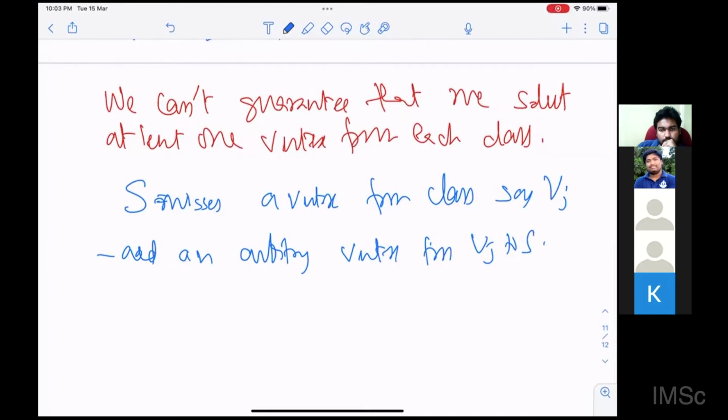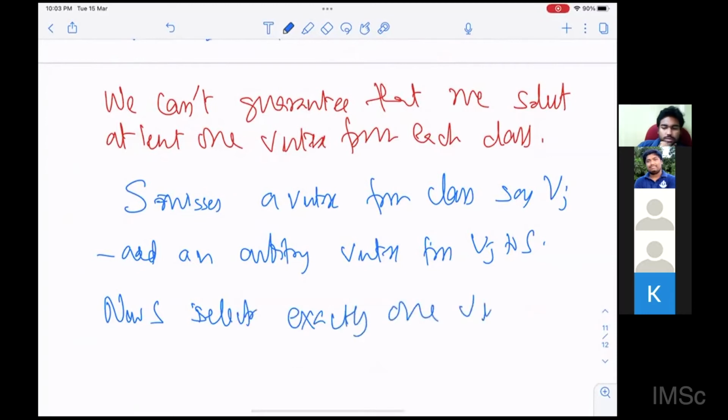If from some class you miss any, just pick an arbitrary vertex from this. Now the new S selects exactly one vertex from each class. Do you agree to that? Is this construction fine?